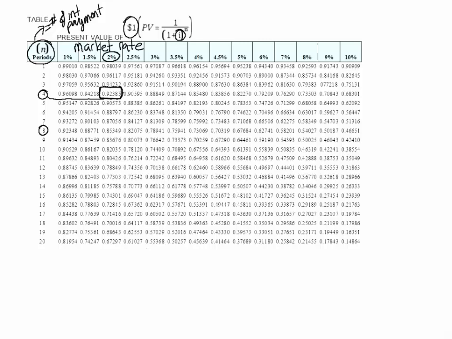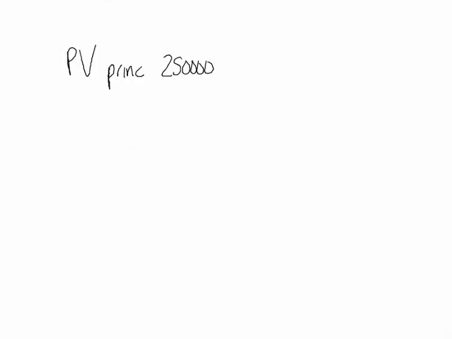We're going to go back to our page. So I'm going to take the principal amount and I'm going to multiply it times my factor. So I take the principal and I multiply it times the factor. And that is 0.92385. I'm going to multiply that times 250.